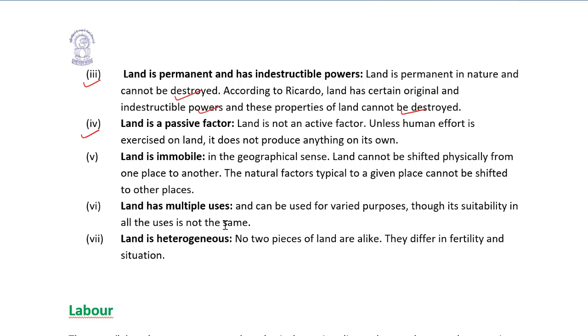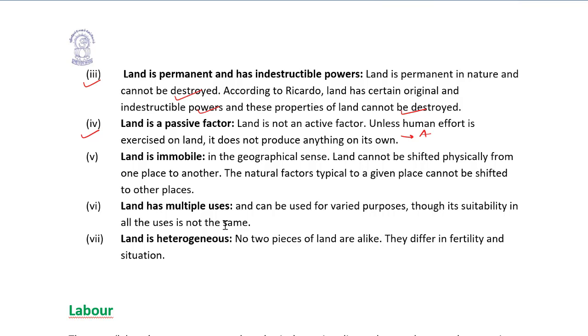Land is a passive factor. That means land is not an active factor. Unless human effort is exercised on land, it does not produce anything on its own. That means you have to work on land to increase its fertility. It does not happen that an idle piece of land will generate crop automatically.